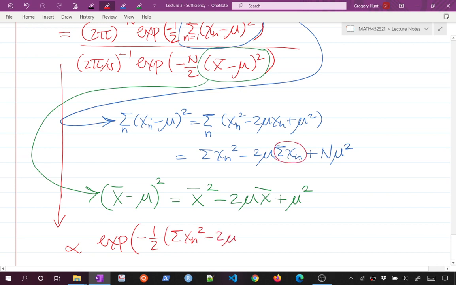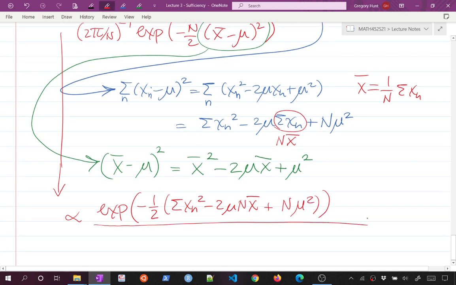I'm going to replace the sum of the xn's as n x bar. I'm allowed to do that because if x bar is 1 over n times the sum of the xn's, the sum of the xn's is n x bar. It's a good thing to remember for this course. And then I get n mu squared.